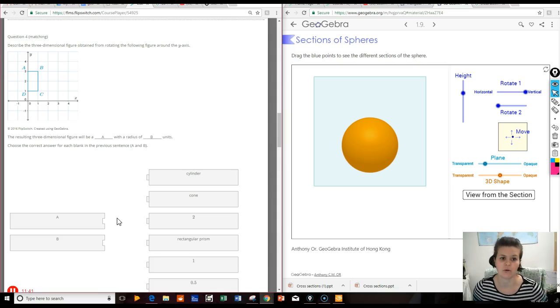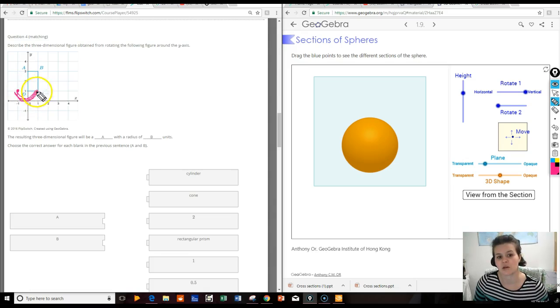So question 4, describe the three-dimensional figure obtained from rotating the following figure on the axis. Since we have a rectangular surface here and we will be rotating it, when rotating a point, we're creating a circular arc path.